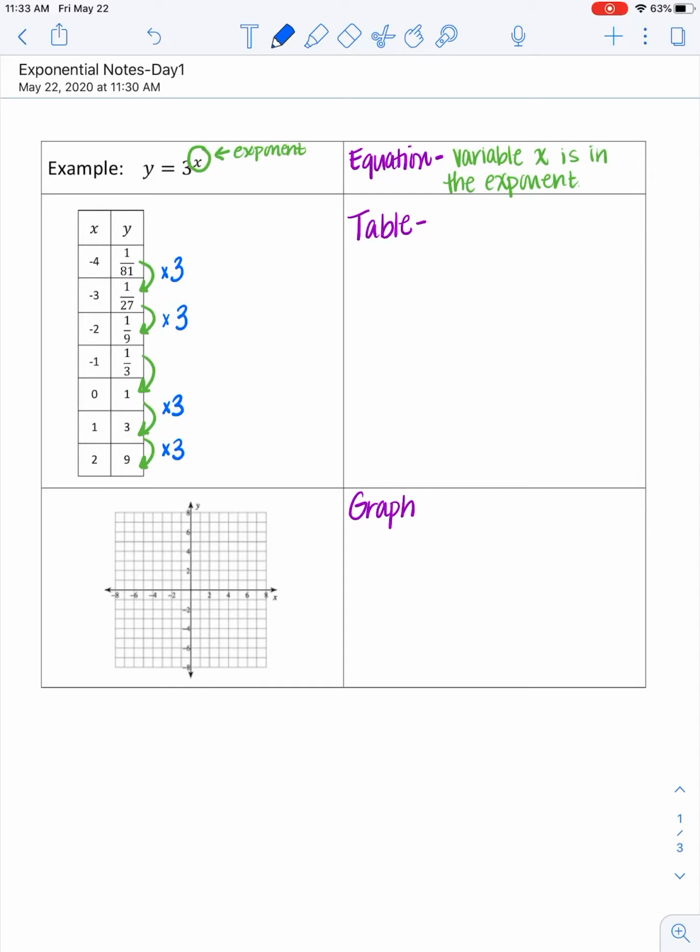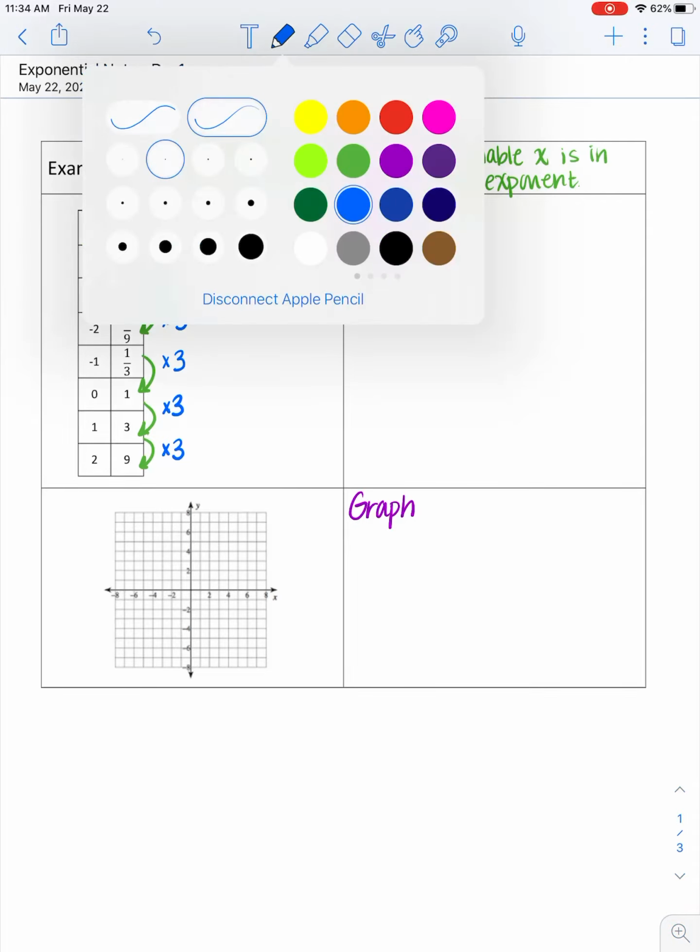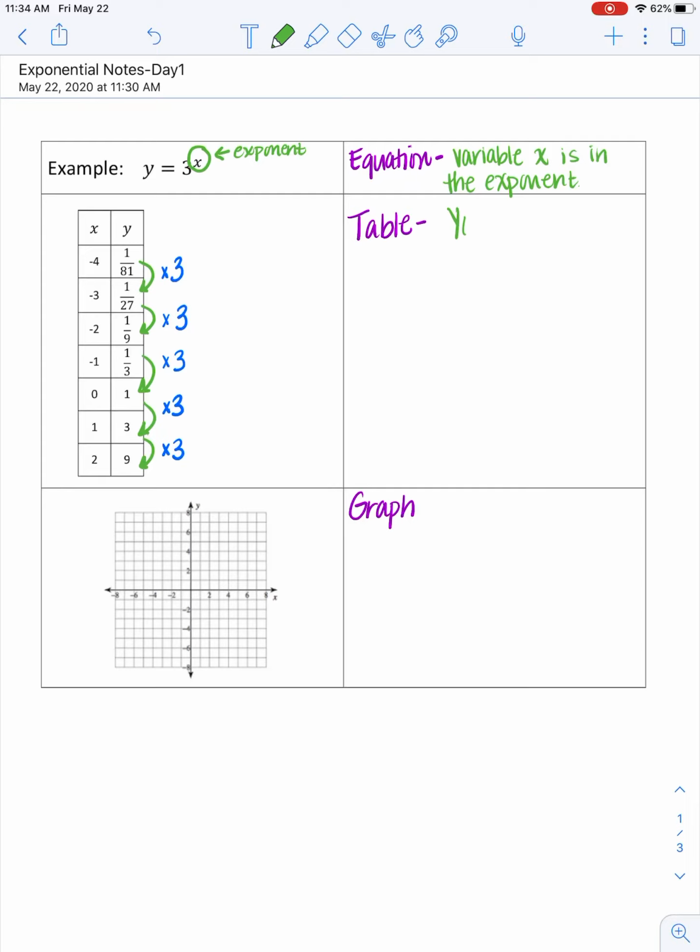If I multiplied 1/27 times 3, I would get 1/9, and so on. So this pattern continues to repeat itself. This is what an exponential function looks like in a table. In a table, you are not adding, you are multiplying by the same number repeatedly.